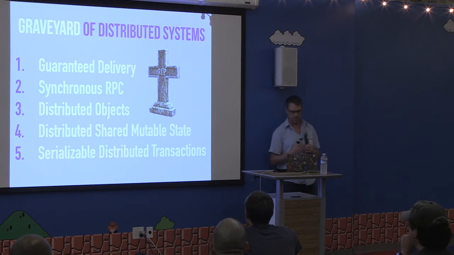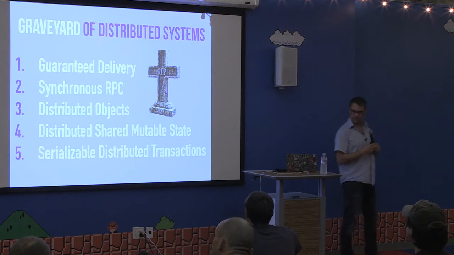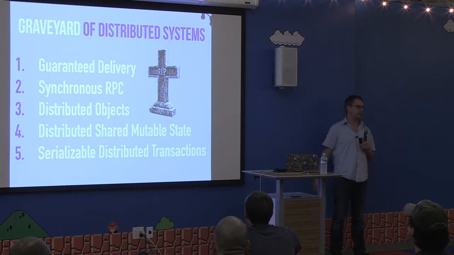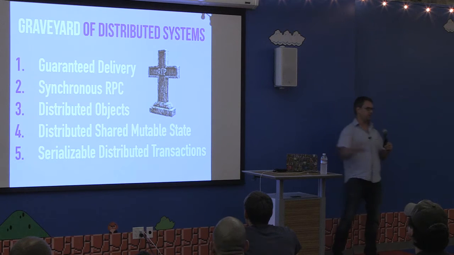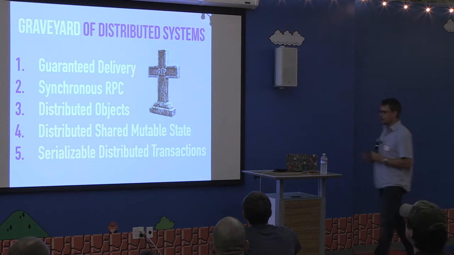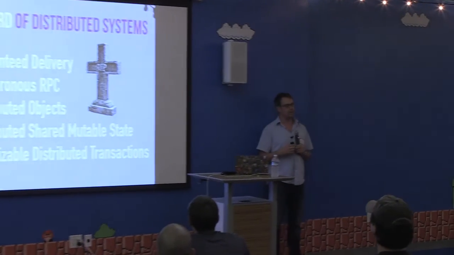It's an actual quote from one of his books, and I have to agree. In general, shared distributed mutable state is bad. We all know, hopefully, that shared mutable state is bad if you run it on a single machine. It just gets worse when you try to do it on the cluster. And distributed transactions, XA. I mean, I've bled a lot.